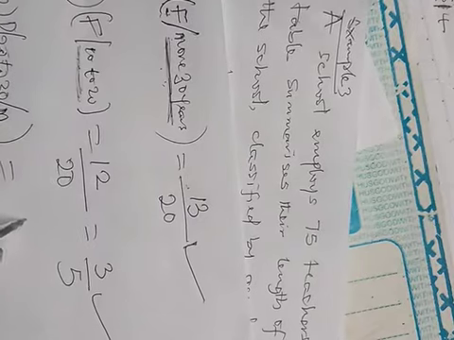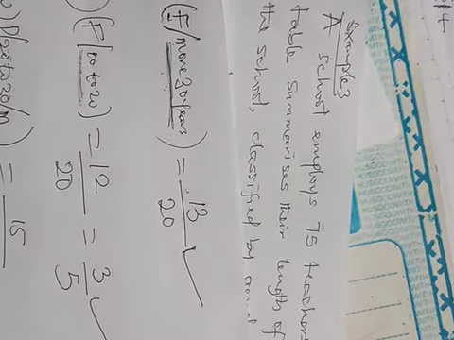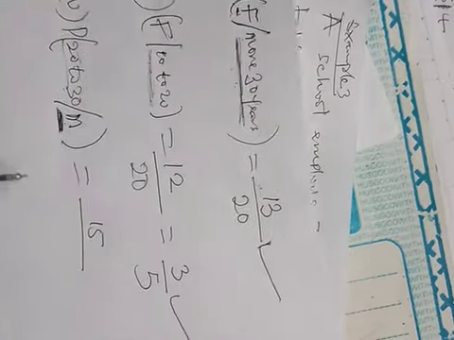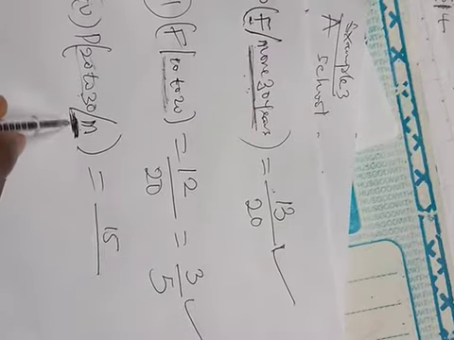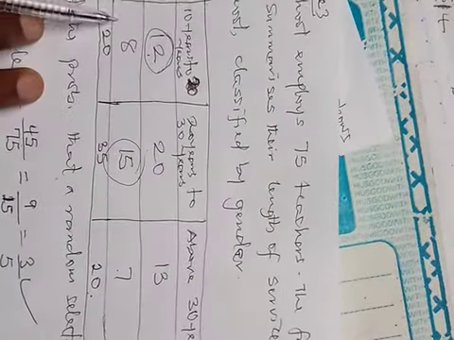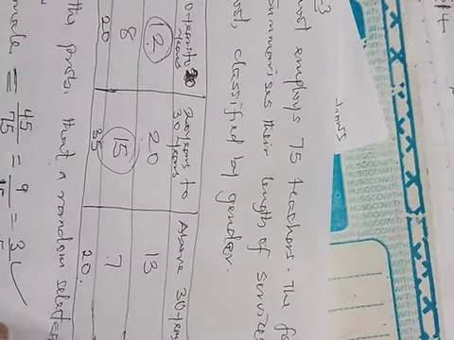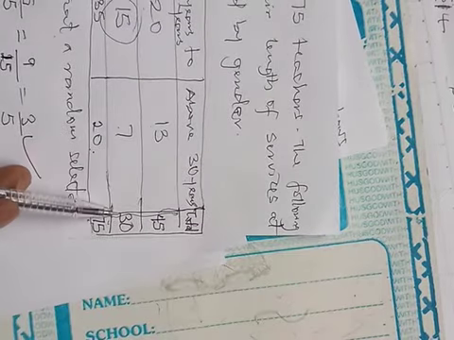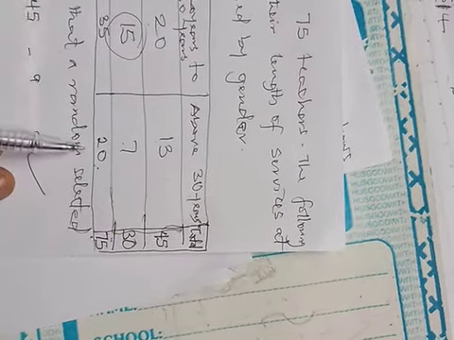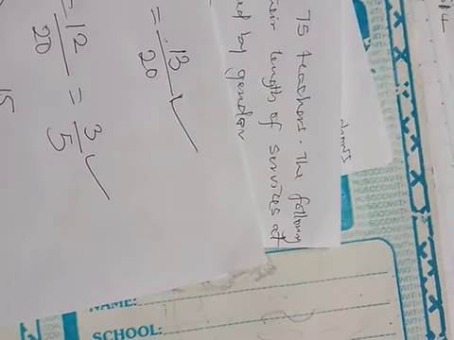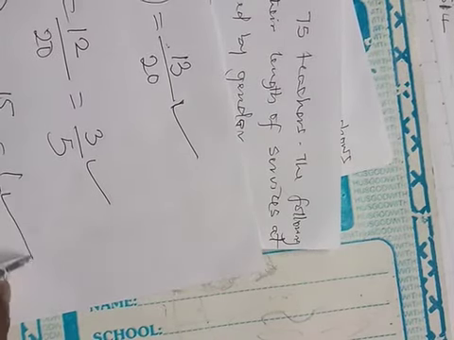So we put 15 over the total number of males, which is 30. That gives us 1 over 2.